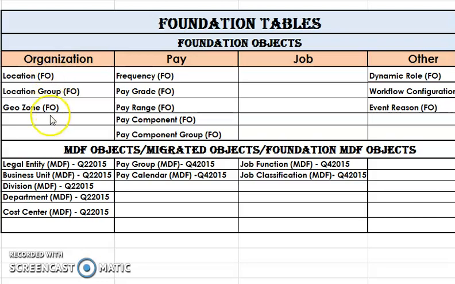Coming to organization, initially location group, geo zone, legal entity, business unit, division, department and cost center were all part of organization foundation data. But later these five objects were migrated to MDF.